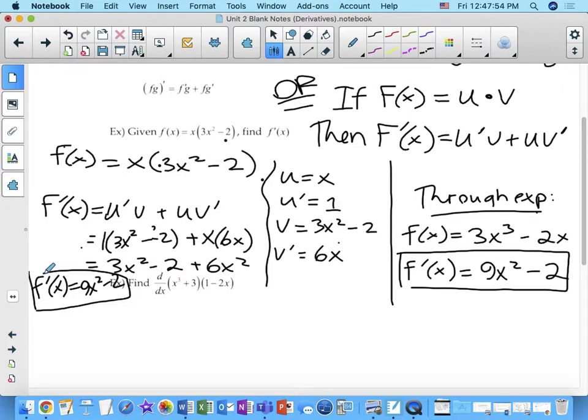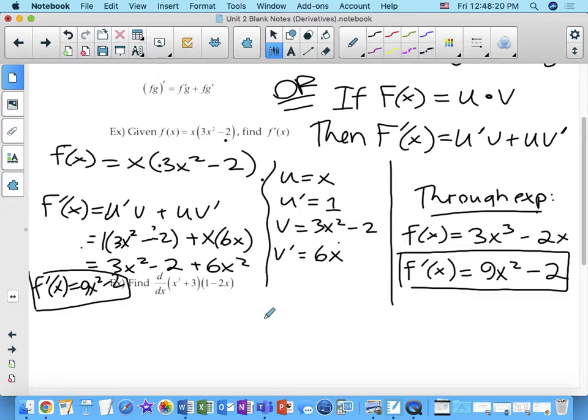We haven't looked at derivatives of trigonometric functions yet, but I can't use the power rule there. I'm going to have a problem, right? If I expand that, I'm still going to have x squared times sine x, but I have to use this rule to be able to differentiate that. Does that make sense? Okay.